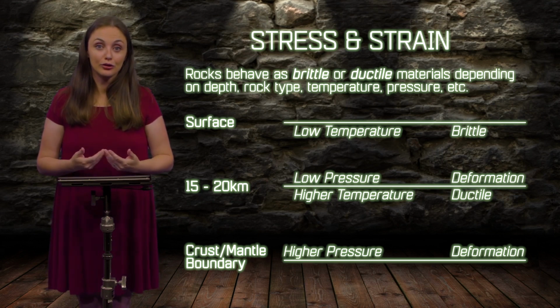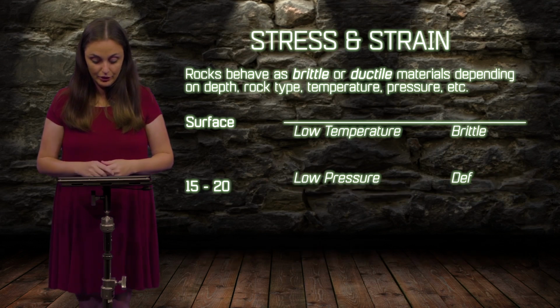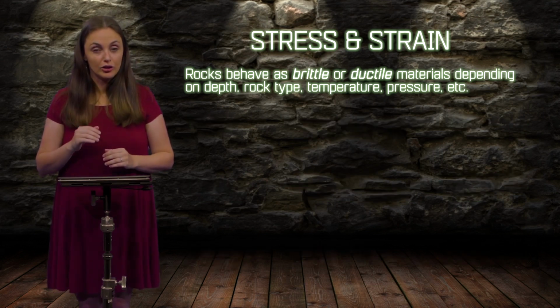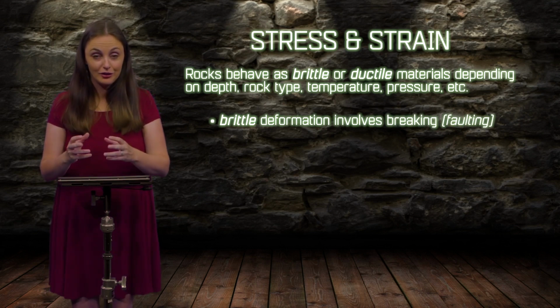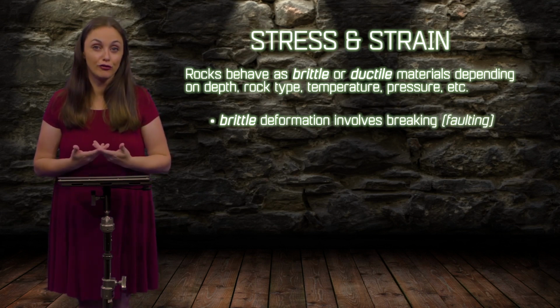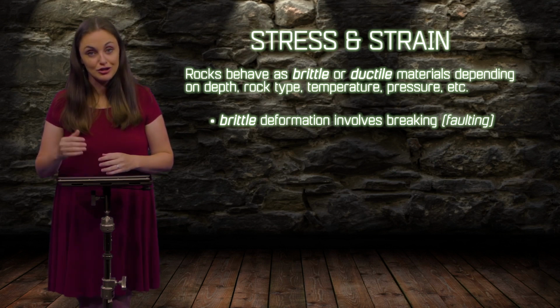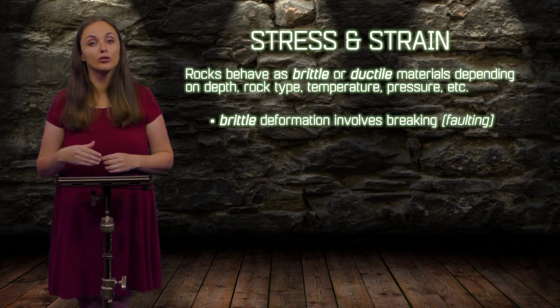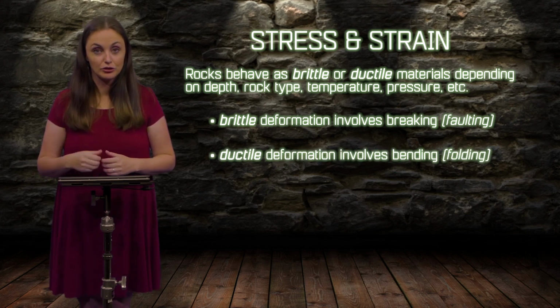When subjected to a stress, they are more likely to break instead of bend. So, those rocks closer to the Earth's surface experience brittle deformation. That's the breaking, right? That's typically expressed as faults. Rocks exposed to higher temperatures and pressures deeper down in the crust, those are going to deform ductily. You're going to have ductile deformation.